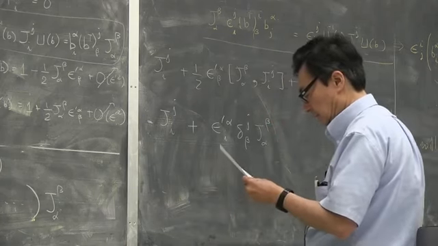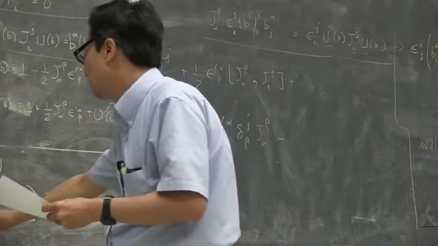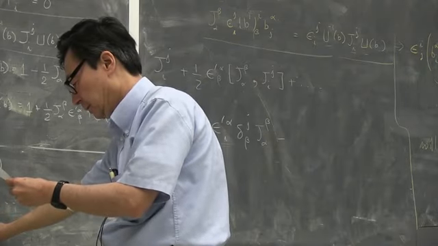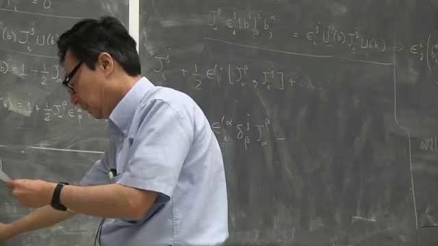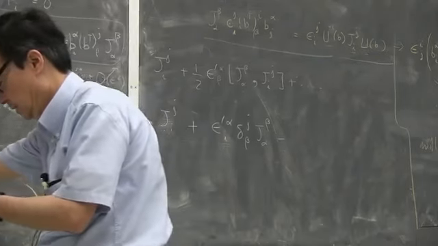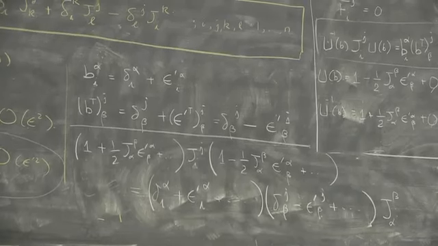Okay. The other term is a minus sign. You take this one, epsilon prime, beta J, and it goes together with the delta I alpha. Okay. With a minus sign in here.